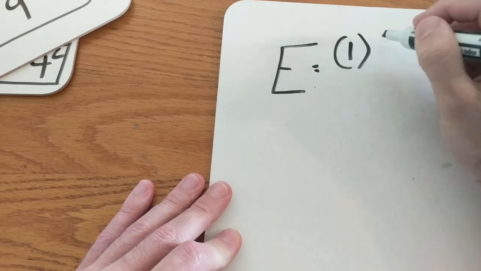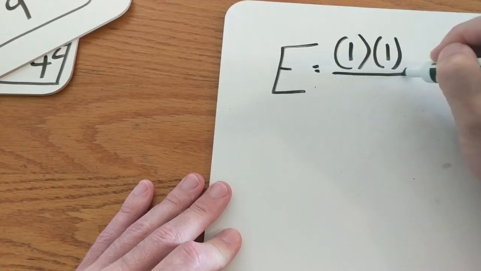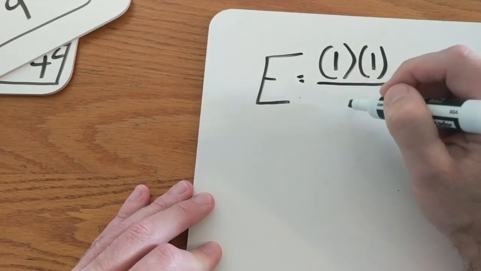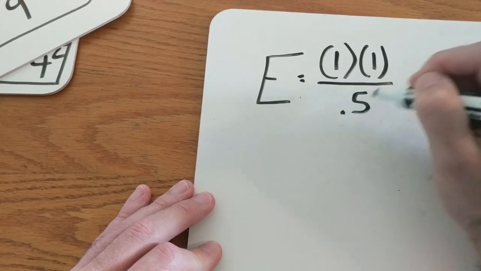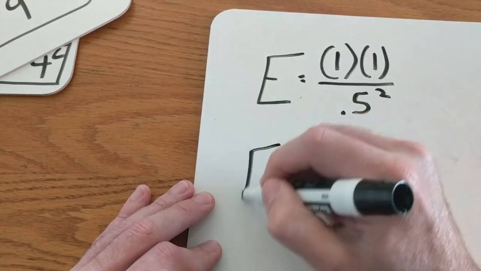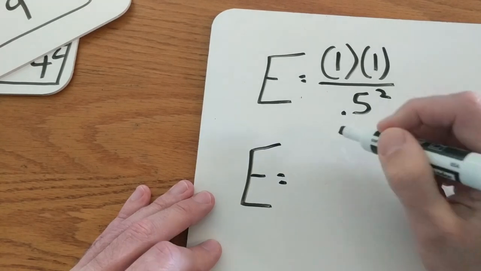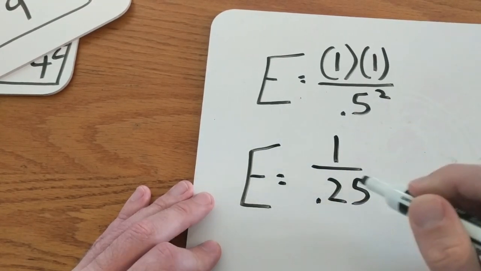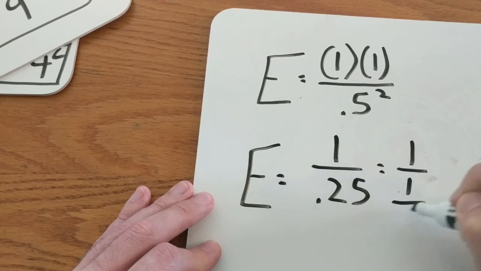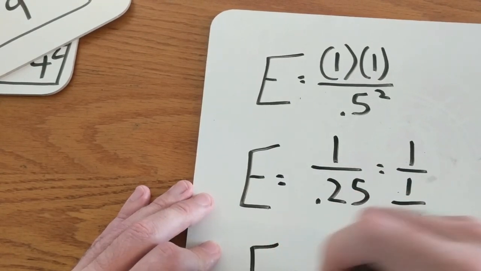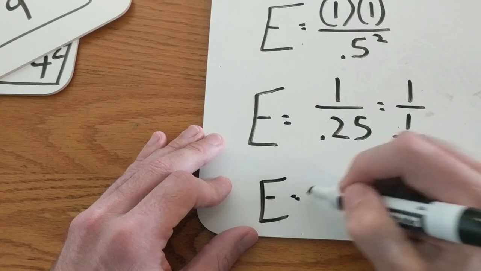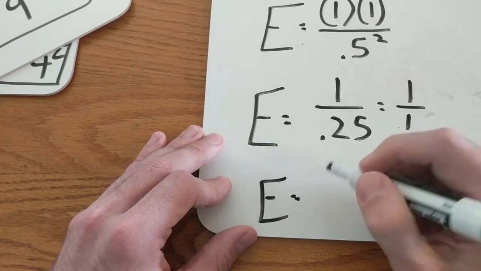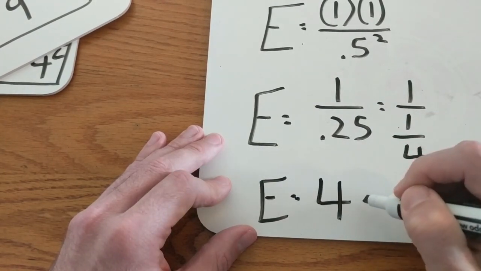So k hasn't changed, Q hasn't changed, but r has changed. r is now only half of what it is, and that gets squared. So we have 1 over 0.25, which is equal to 1 over 1/4. So E then is equal to 1 over 1 over 4, which is 4 times.